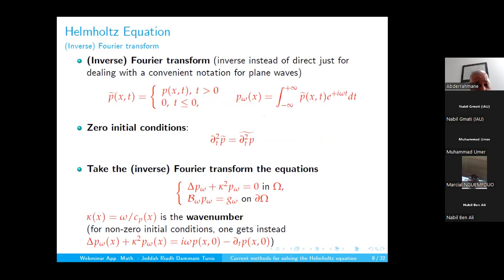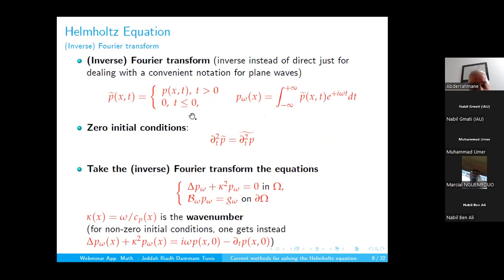Another approach, which seems more accurate, is to do what follows. In fact, you extend p by 0 for negative t.